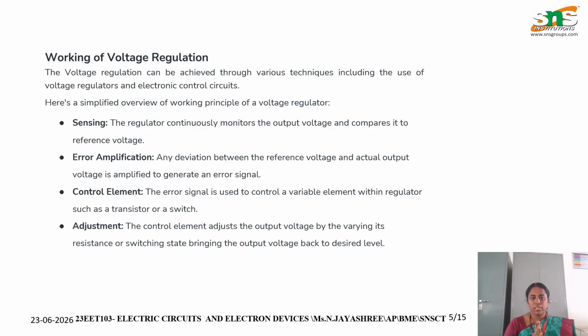Error amplification: any deviation between the reference voltage and the actual output is amplified to get an error signal. Next, control signal. The error signal is used to control a variable element within a regulator, such as a transistor or a switch. Adjustment: the control element adjusts the voltage by varying its resistance and switching state, bringing the output voltage back to the desired level.